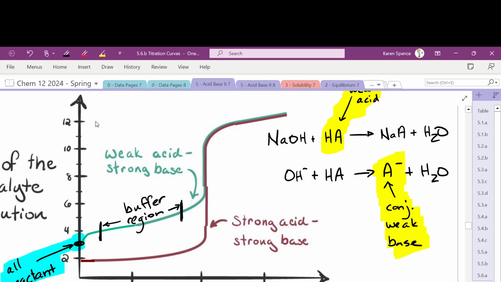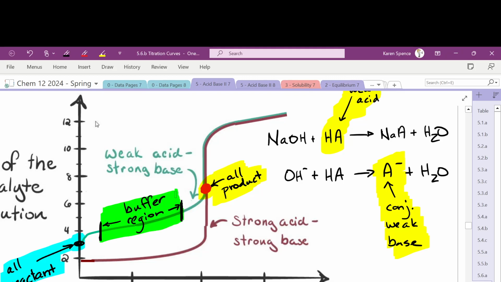And when we get to this point here, this is all product. Yes? Actually, I should probably draw it at the top of the line, but that's okay. What do we have in between? Do we have all reactant? Do we have all product? Or do we have some of each?